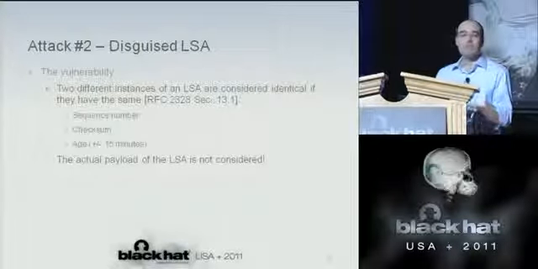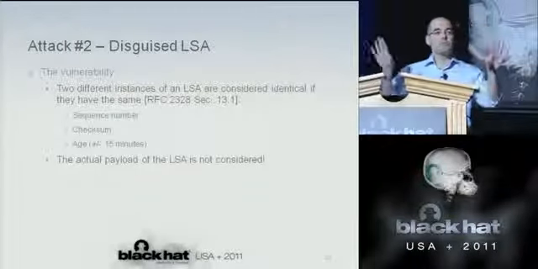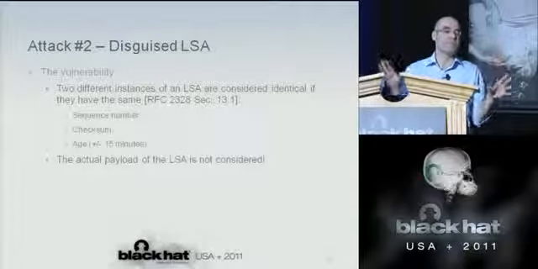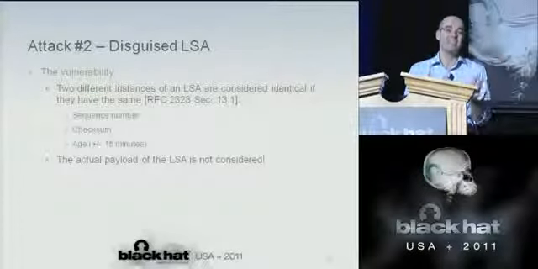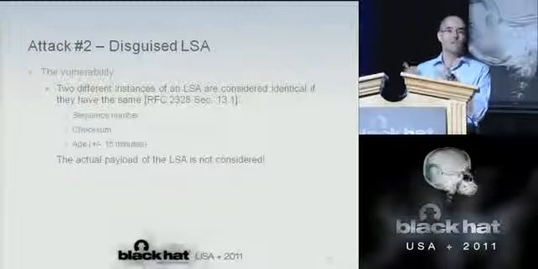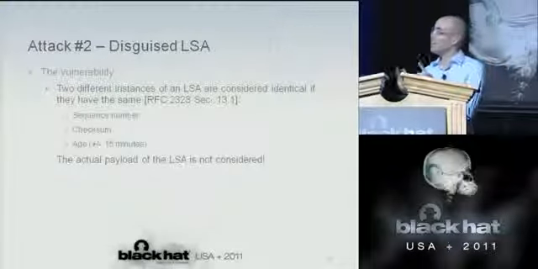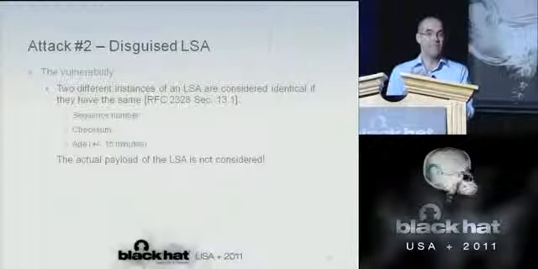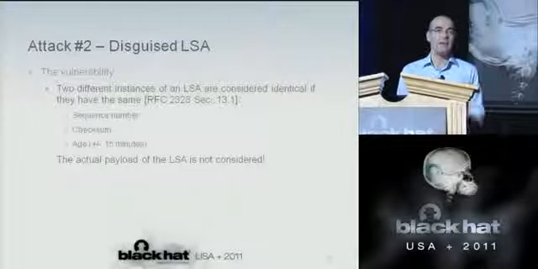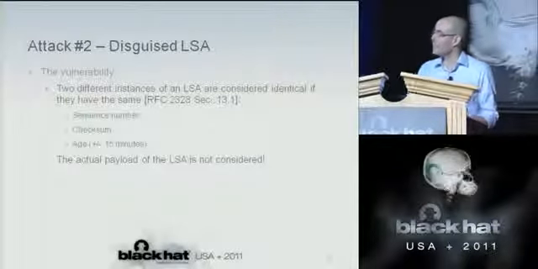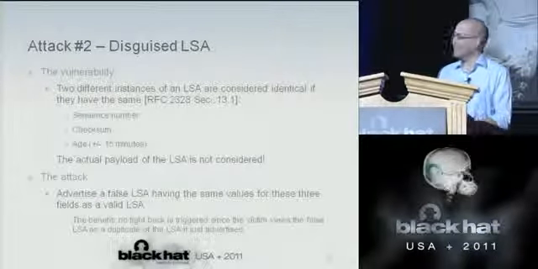And the actual payload is not considered. This means that two different LSAs with totally different links in them can still be considered identical by a router if they have the same checksum, sequence number and age. That's interesting, and let's see how an attacker can exploit this vulnerability.